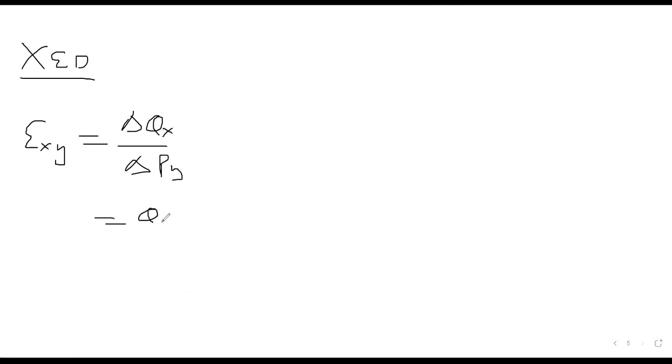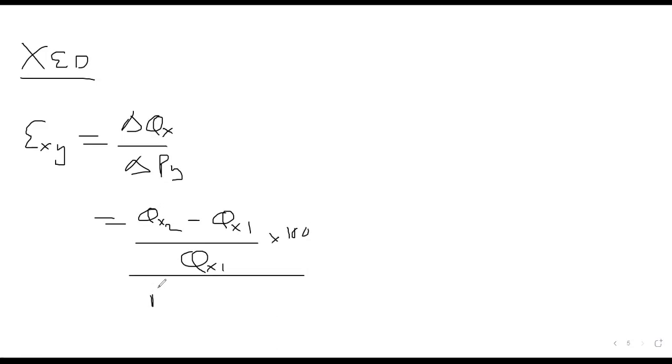So this is the second quantity minus the first quantity for good X times 100, over the price of the other good, PY2 minus PY1 over PY1 times 100.